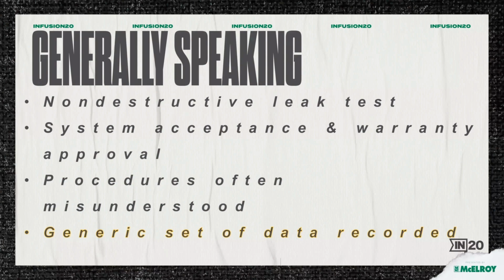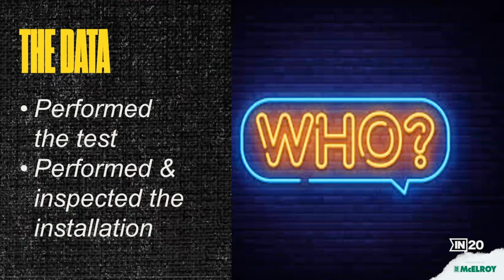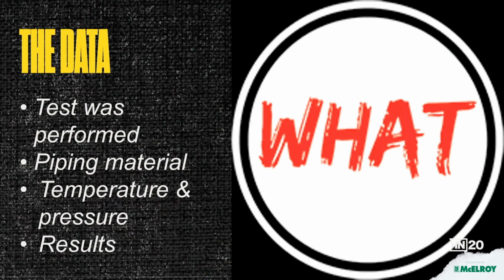So the first thing that we'll talk about when it comes to data is who. We need to know who performed the test. We need to know who performed the inspection and the installation. Those are all points that we want to capture when we're doing a pressure test and trying to properly document that test. The next thing we'll look at is what. What test was performed? What material was used in the piping system that we're testing?